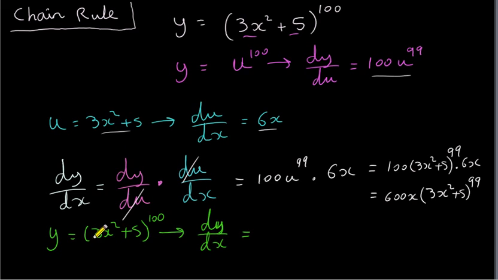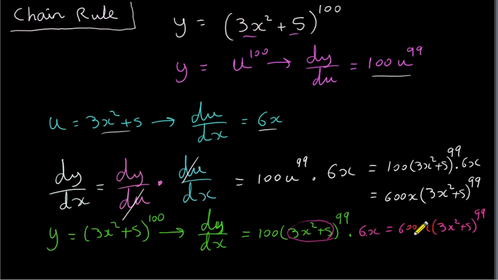When we have something in brackets raised to a power, we start by bringing that power down in front of the brackets, taking 1 from the power, and then multiplying by the derivative of what's inside the bracket. The derivative of 3x squared plus 5 with respect to x is 6x. We multiply the 6x by the 100, so we get 600x times (3x squared plus 5) to the power of 99.